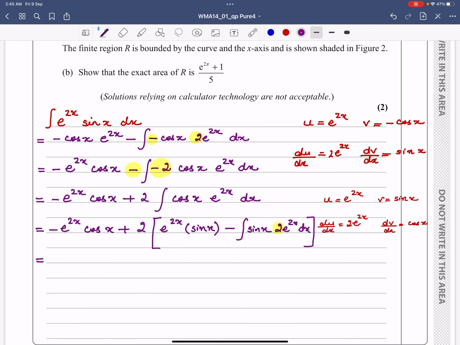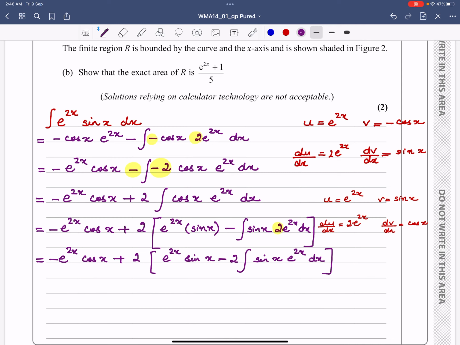So I have minus e to the power of 2x cosine x plus 2 into e to the power of 2x sine x minus 2 integral of sine x and e to the power of 2x with respect to x.